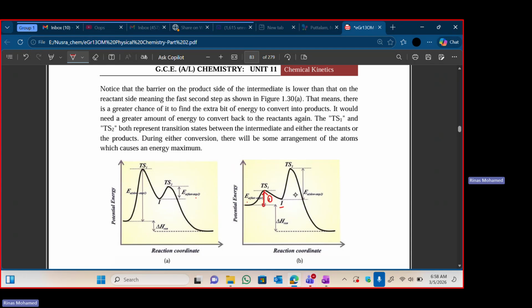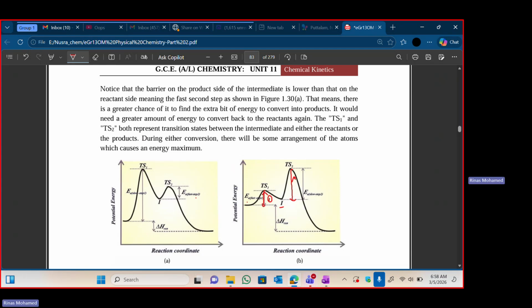I is a reactive intermediate. Then this is the energy difference from the intermediate to the transition state. And the overall activation energy the reaction needs is EA1 plus EA2.